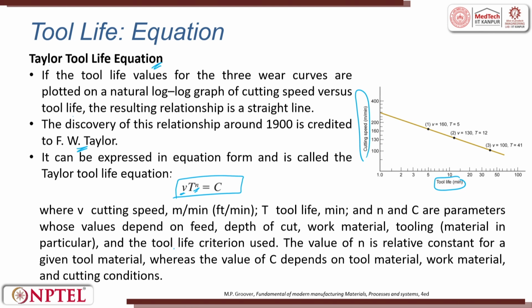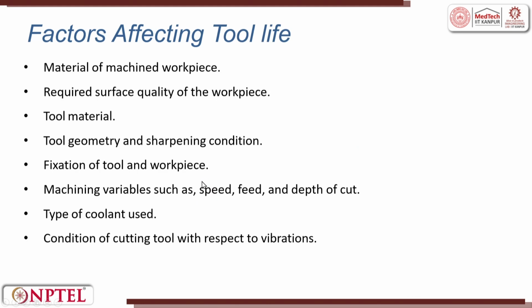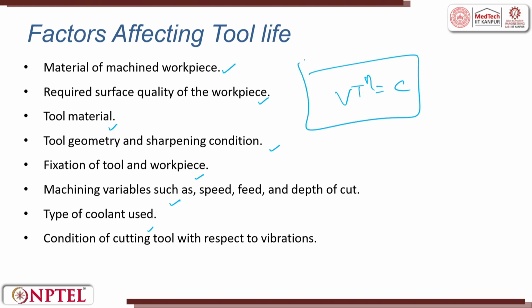With this we can figure out the life of the tool with respect to the cutting velocity for a given combination C. The factors affecting tool life are: material of machine, surface quality, tool material, geometry, tool, machine variables, coolants and cutting tools with respect to vibration. All these are factors which affect V T to the power n equal to a constant. That is what we call Taylor's tool life equation.